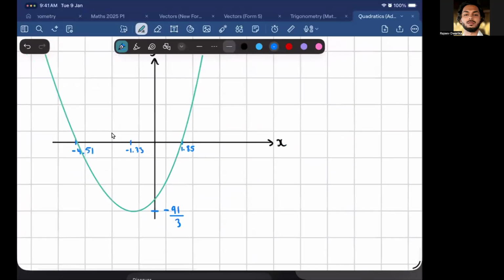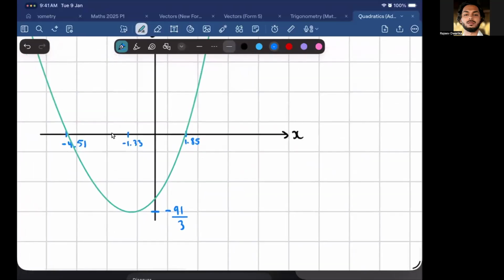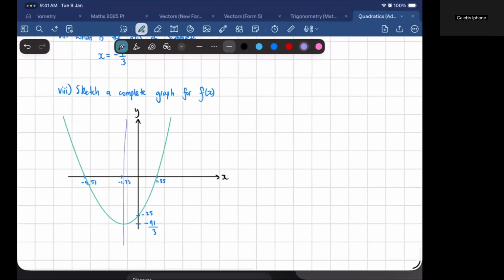And what is the y-intercept? That is -20. Yeah, right. So the -20 would go over there. You okay with that, Caleb? Yes, sir. And this would be the axis of symmetry.